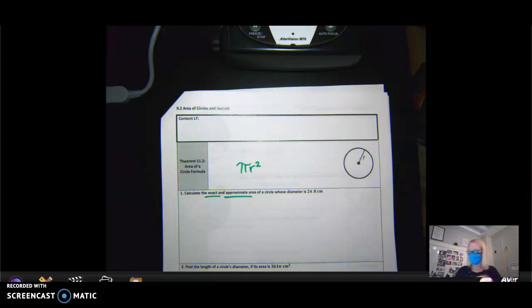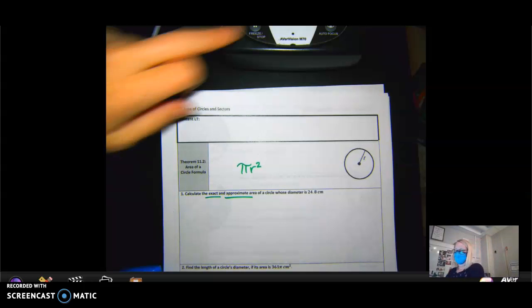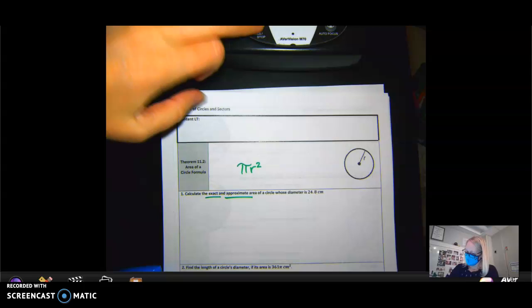So go ahead and try that on your paper real quick. Approximate it to the nearest hundredth.